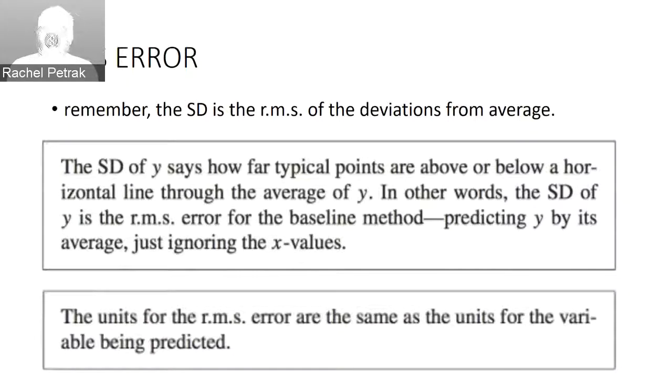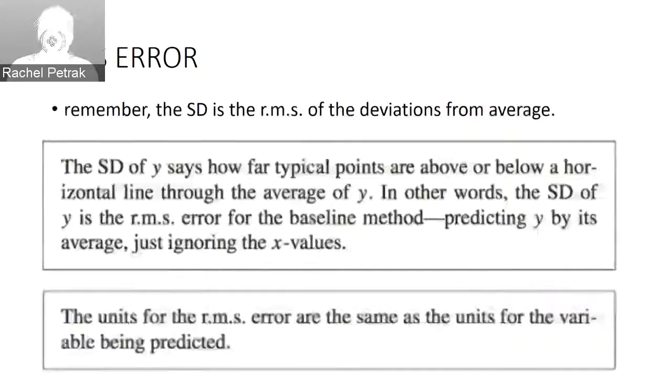However, the SD of y, we can only get the SD for individual variables. So it's a measure that we can only assess for the x variable or the y variable independently.